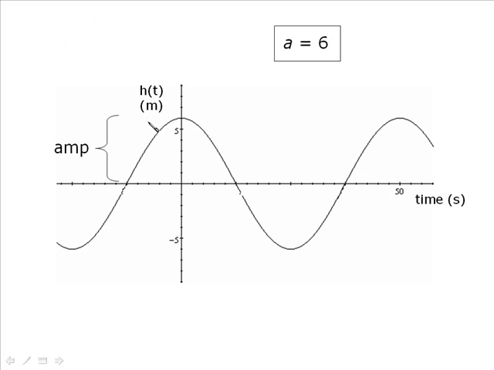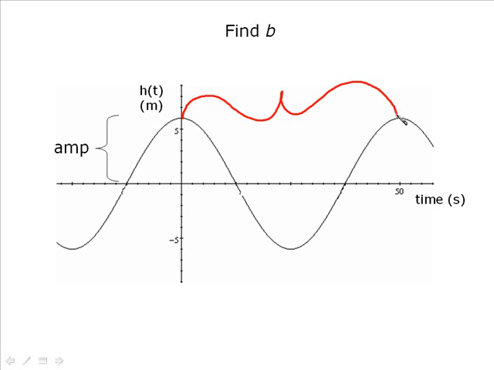Therefore the amplitude, which is measured from the x-axis to the top, will be equal to 6, and therefore A is equal to 6. Amplitude is always equal to A, or the absolute value of A. But the trick for us is to be able to find the B value. To find the B value, we note that the period is going to be crest to crest.